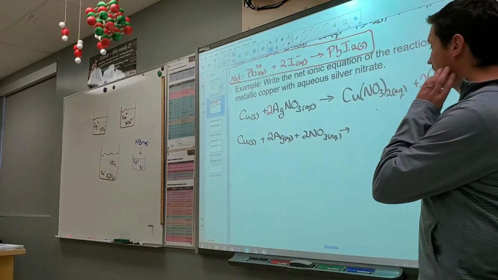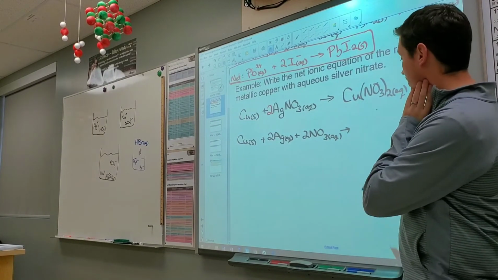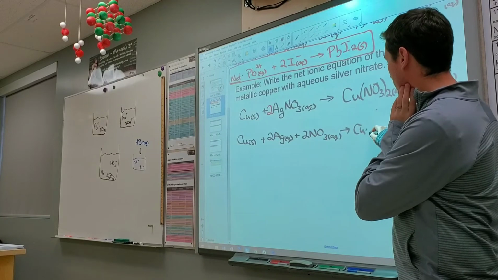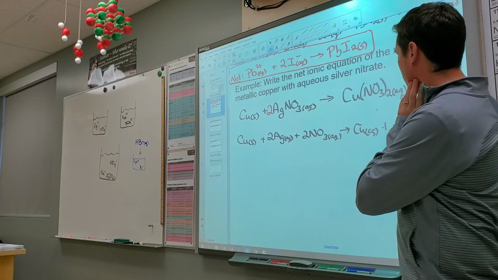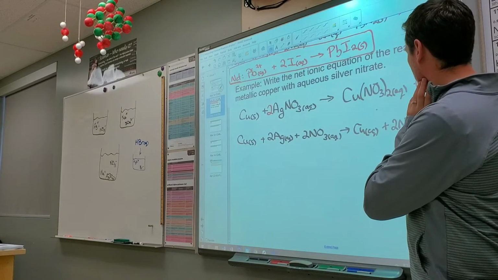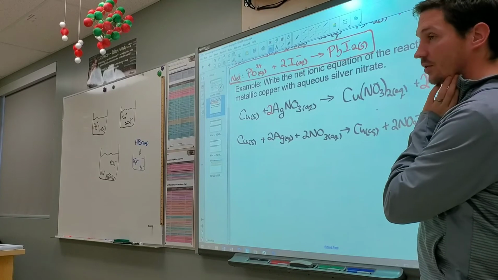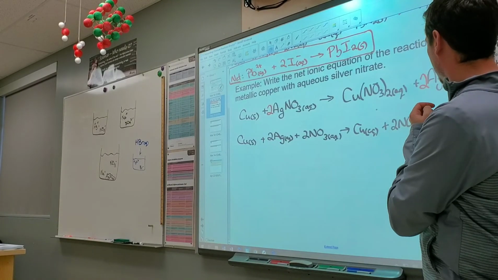Can the copper nitrate split up? So how many coppers are we going to get? How many nitrates are we going to get? And can the silver split up, just the silver all by itself?